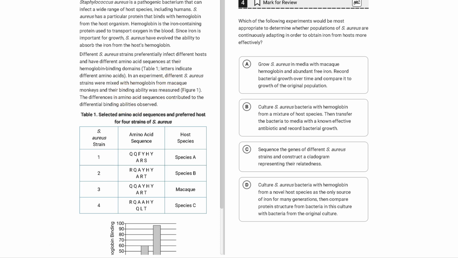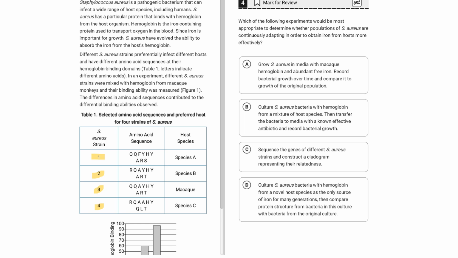All right, here we go. So here's some data, right? We got strains 1, 2, 3, and 4. Remember, amino acids all have different letters. You don't even know which letter means what, but each letter stands for a different amino acid, which means, again, different DNA, right?